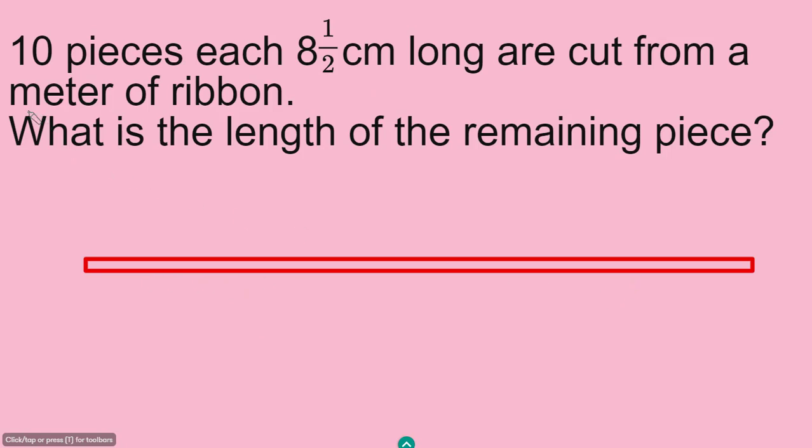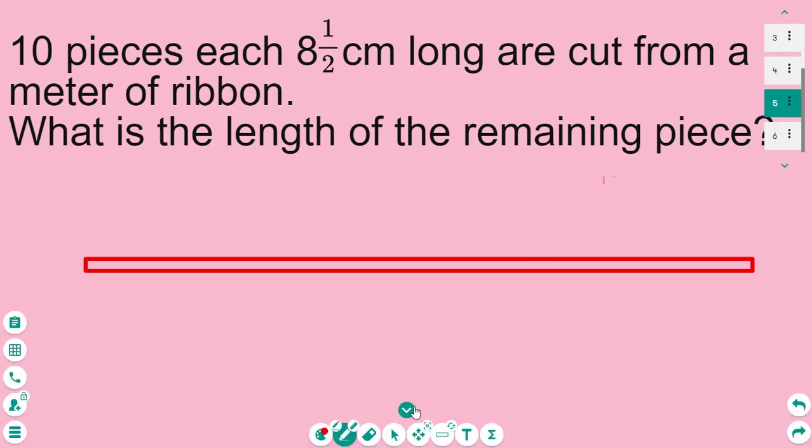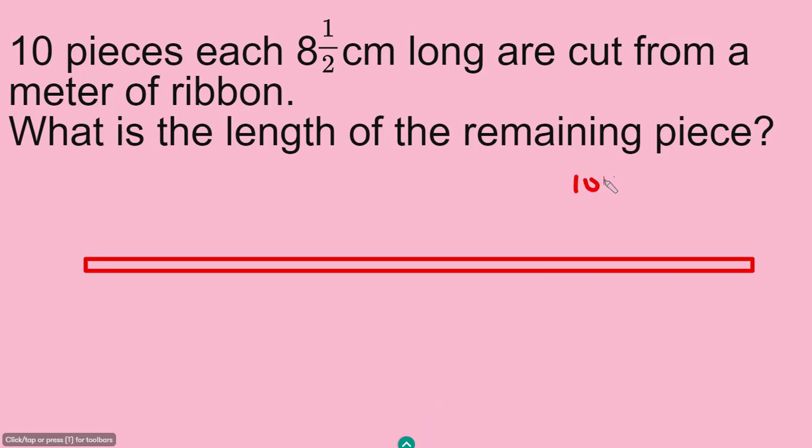Because we know this is a meter ribbon, and the other parameters in the question are in centimeters, it means that a meter is the same thing as 100 centimeters. You already know that 100 centimeters is the same as 1 meter.